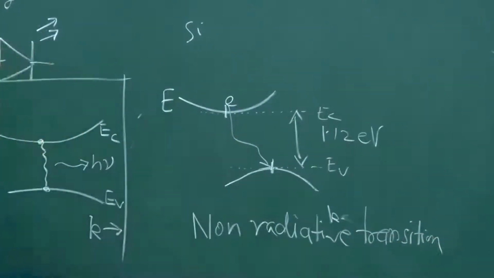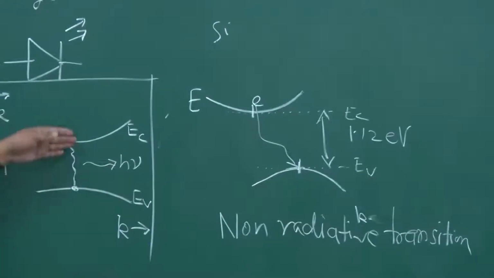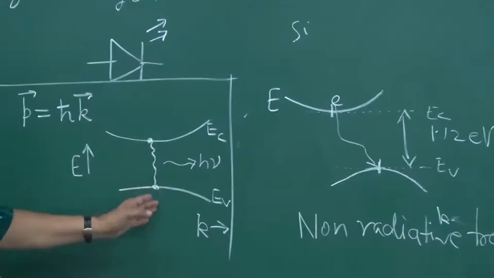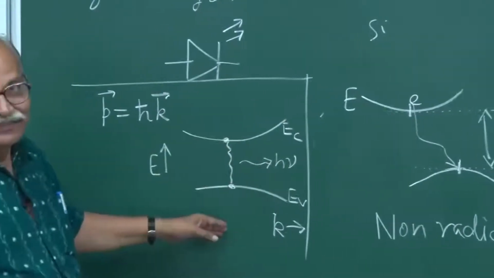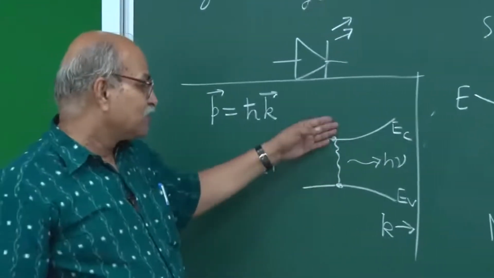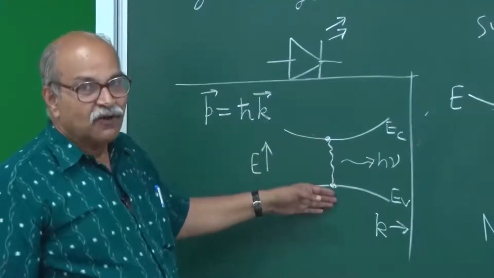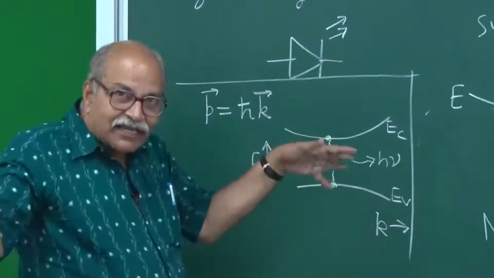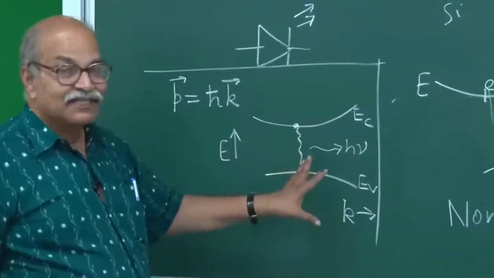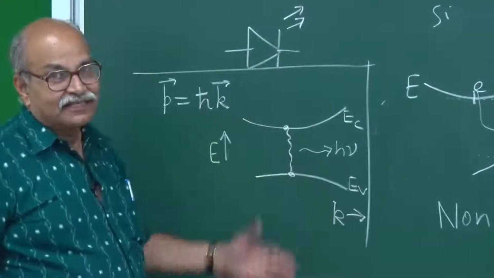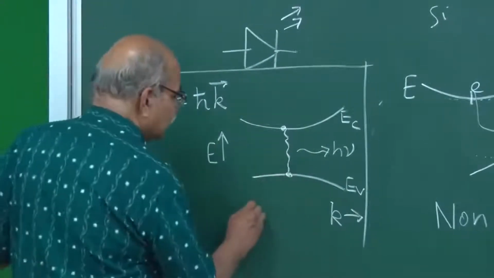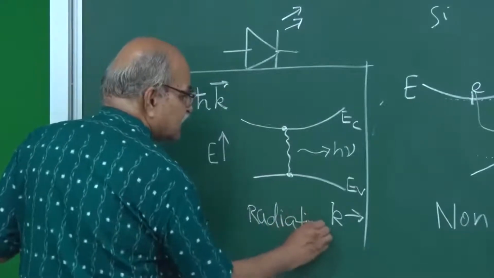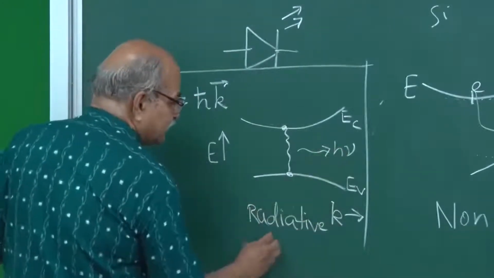We call it non-radiative transition. And here it is radiative transition. Here the bottom of the conduction band and top of the valence band occur almost at the same K. So only a very small amount of momentum change is involved, and a photon emission can take care largely of that momentum conservation as well as energy conservation. So this you call radiative transition. Radiation is emitted, a photon is emitted.